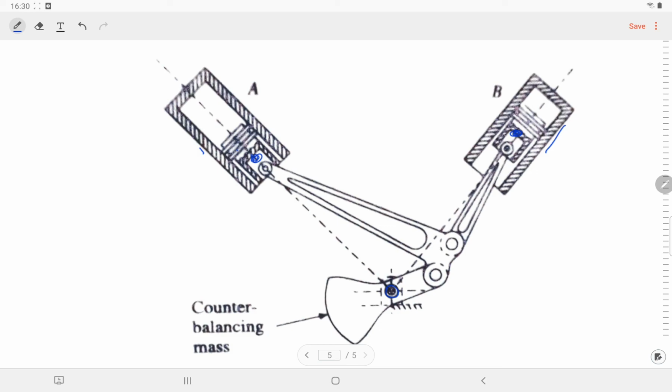Now the to and fro motion of both of these things will make this shaft rotate. Now in order to do a kinematic analysis, we don't require this much detailed picture. Instead, we need to have only a kinematic diagram.